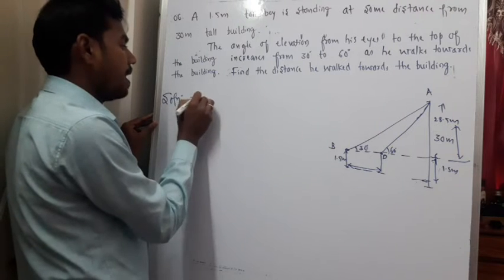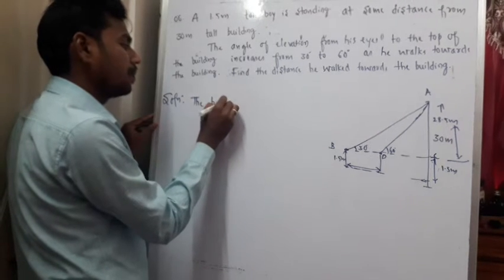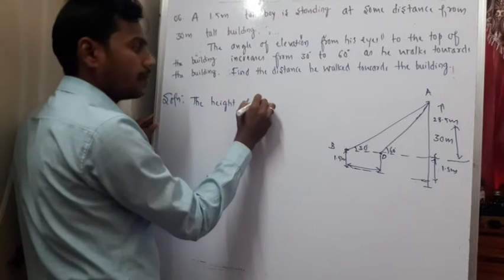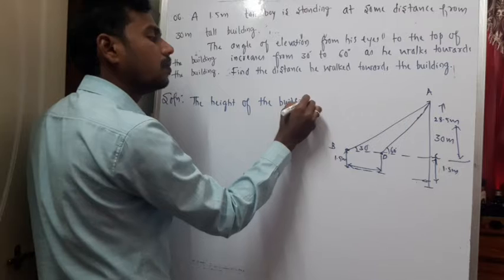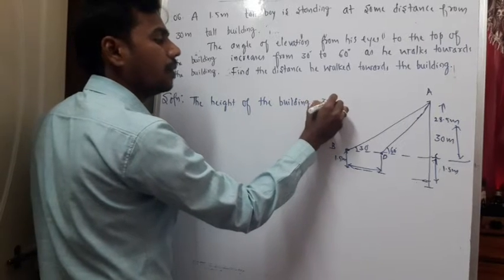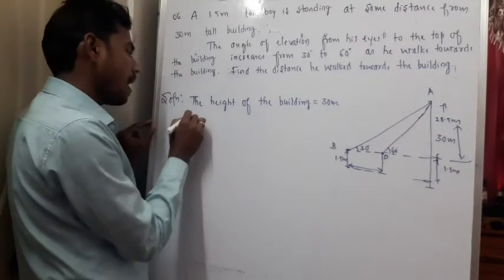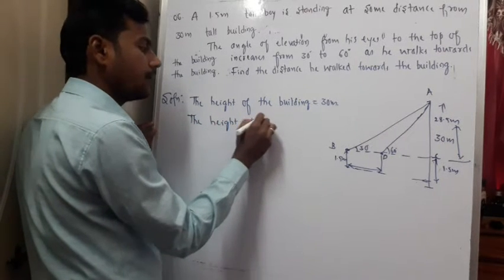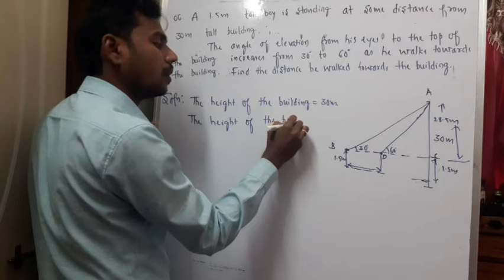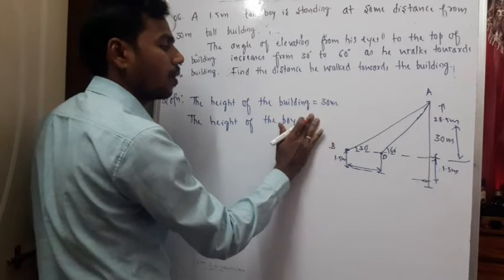So the height of the building is equal to 30 meter. The height of the boy is equal to 1.5 meter.